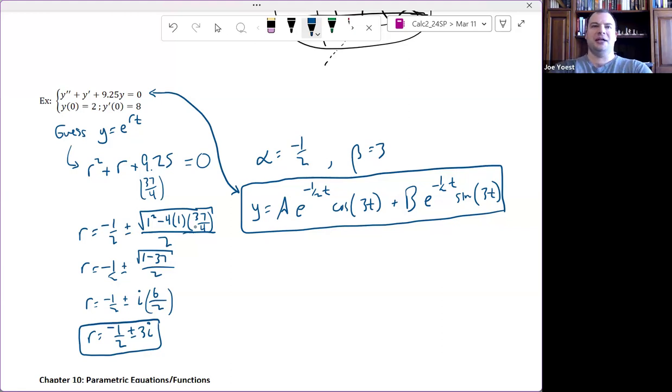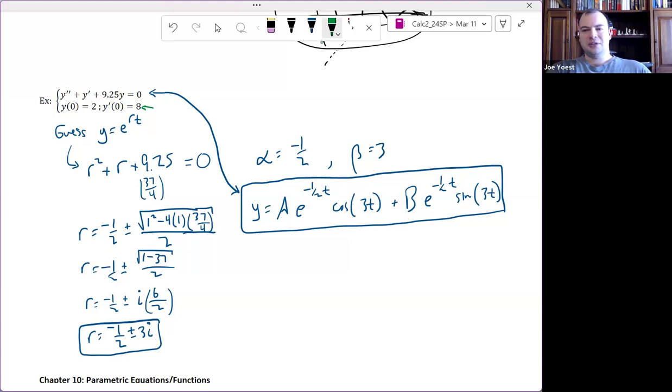So a lot of different ways that I could write this, but I'm going to leave it in this form. This is a family of functions. I would like to pick out the specific member of this family that satisfies the constraint y of 0 equals 2, y prime of 0 equals 8.